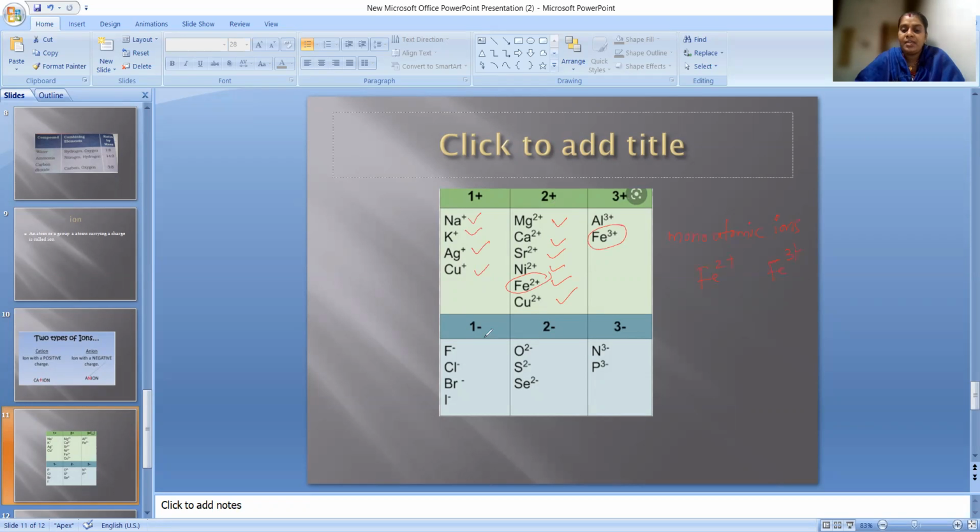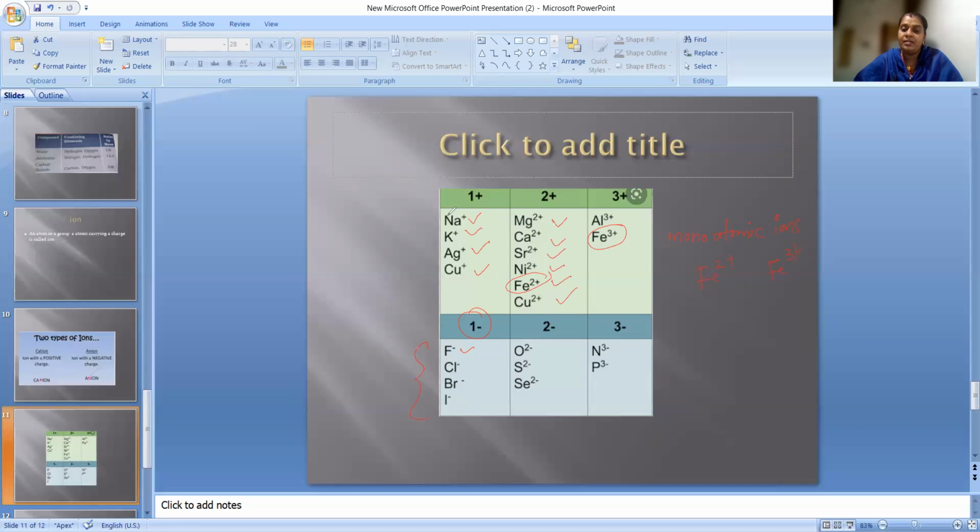Among negatively charged ions, we can see F minus. All non-metals are usually negatively charged. These are metals, positively charged. These are non-metals: F minus, Cl minus, Br minus, I minus.